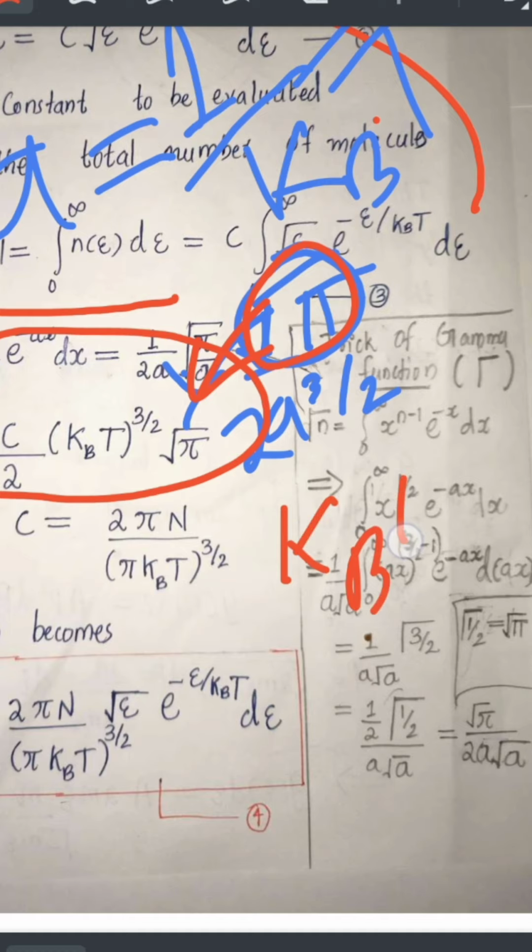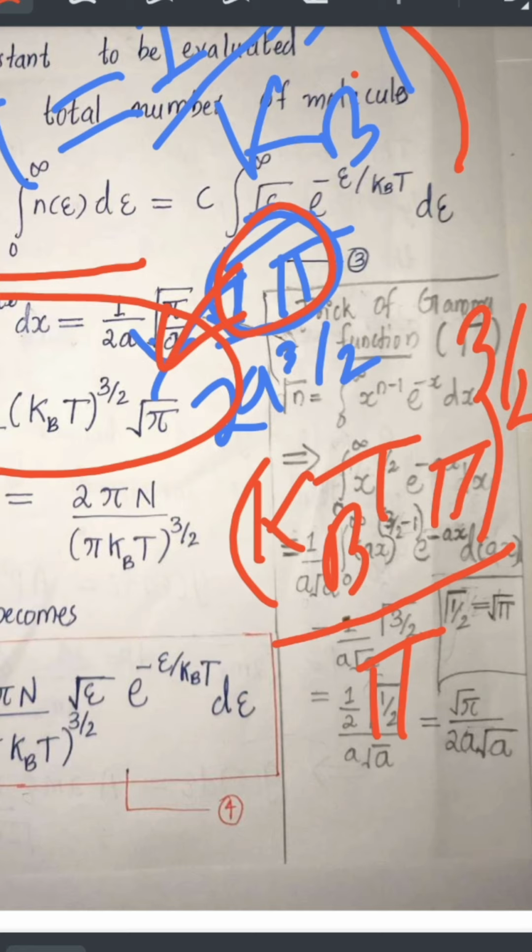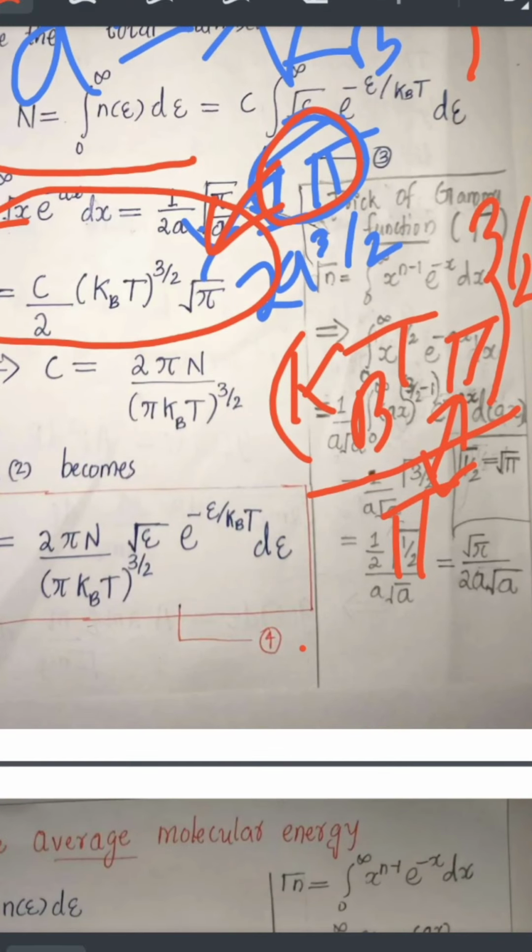In total these two pi's give, if this pi comes in the numerator, pi to the power 3 by 2 minus 1.